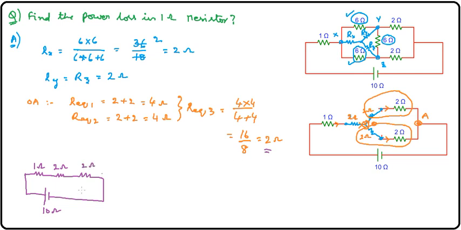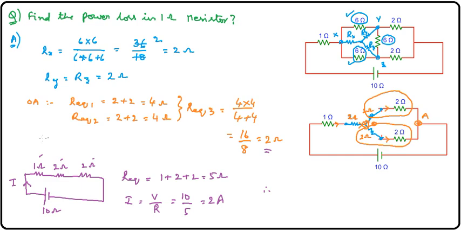Now I can easily find the current passing through this because all three are in series. So R equivalent is equal to 1 plus 2 plus 2, which is equal to 5 ohm. According to Ohm's law, I is equal to V by R. So V is 10 here and R is 5, which is equal to 2 ampere.